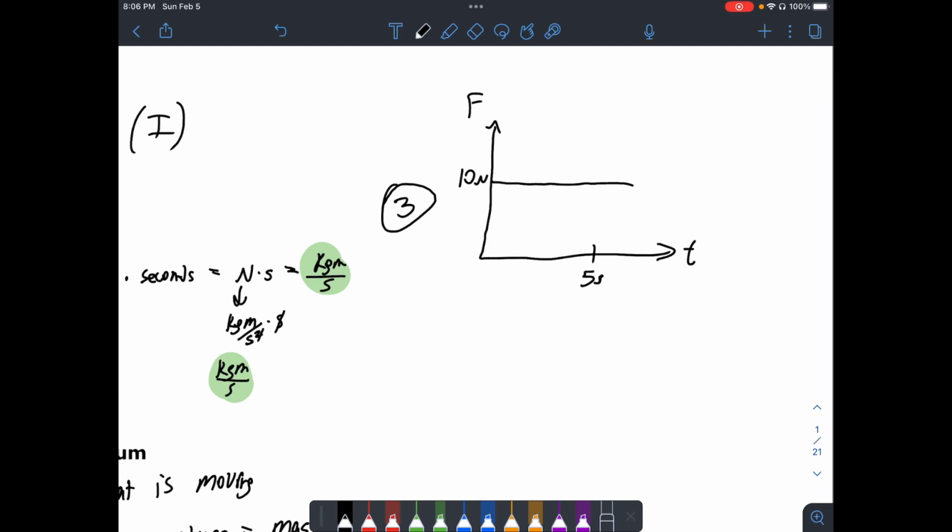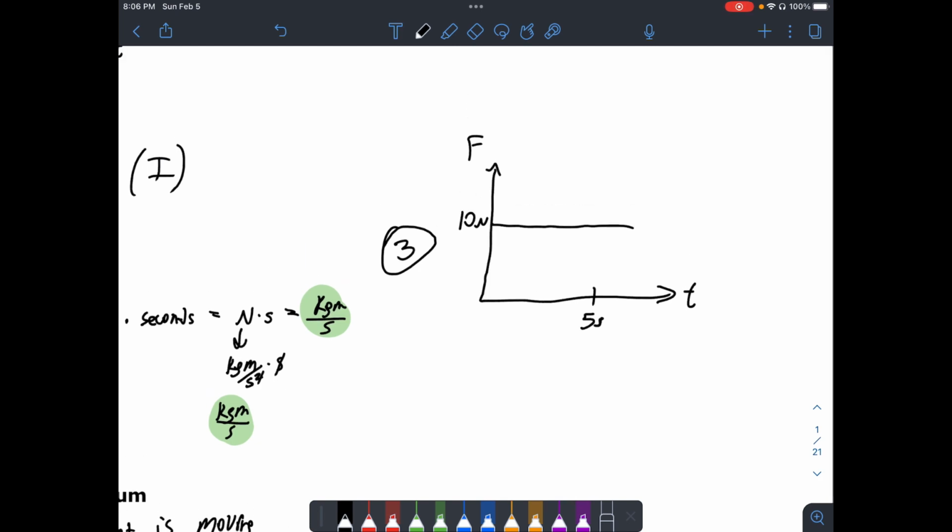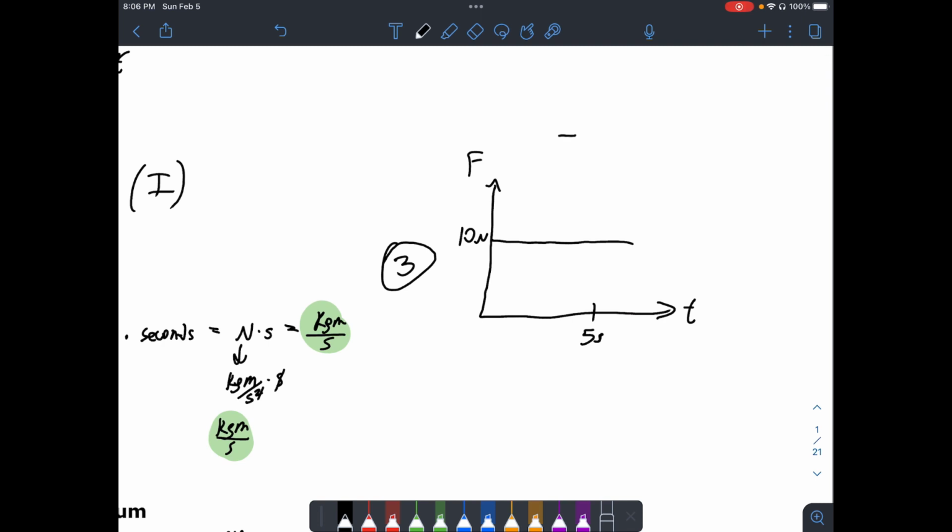Now, my impulse equation, we said, was our force times our change in time.